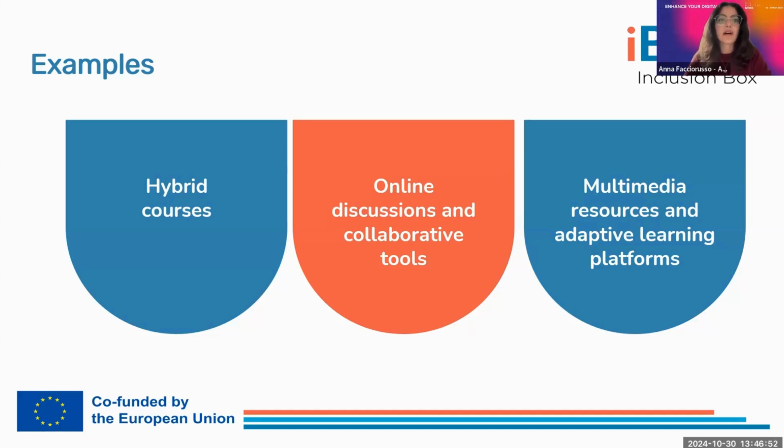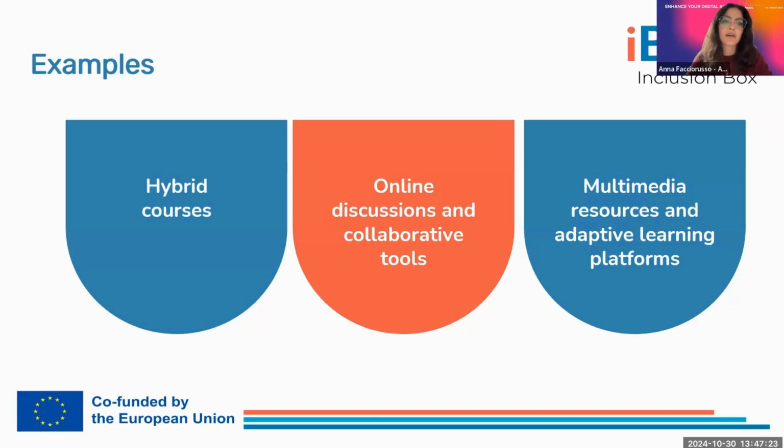And so some examples of learning methods in education and training are the ones that are shown here in the slide. So we have the hybrid courses, the online discussion and collaborative tools, and multimedia resources and adaptive learning platforms.